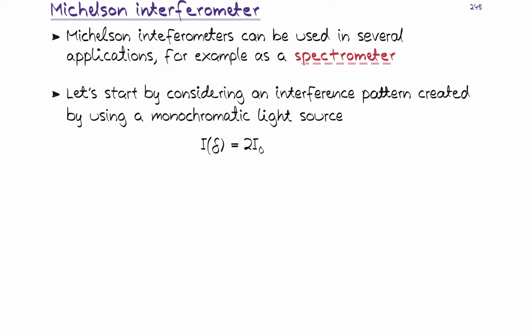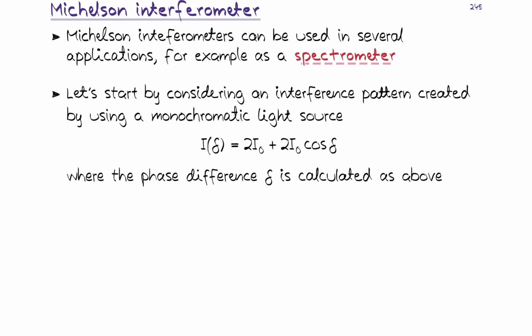This is essentially of a form where we have some constant value I naught there, and then we have the actual interference pattern that is caused by the deviations in the phase difference. So essentially moving one mirror in the Michelson interferometer, changing the optical path lengths, we are seeing an interference pattern form. And here the phase difference delta we can simply calculate as before.